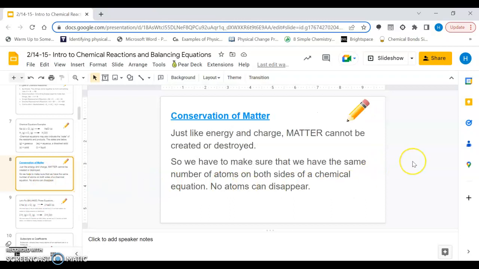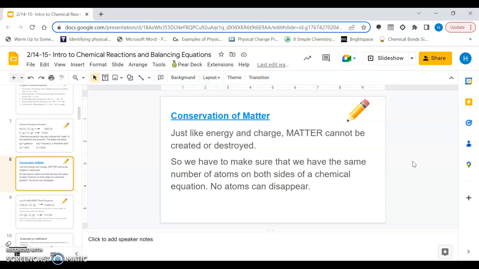What I want to talk about is there are some rules that underlie whether a chemical reaction will occur. And one of those rules is the conservation of matter. So we talked about conservation of energy last semester and how energy in a system can't be destroyed. Just like that, you can't destroy matter. We have to have the same number of atoms and type of atoms on both sides of a chemical equation.